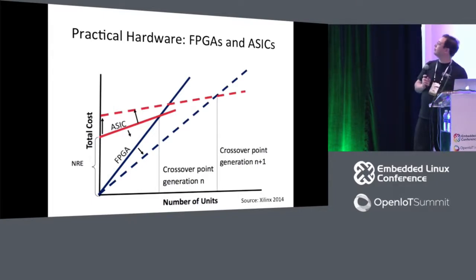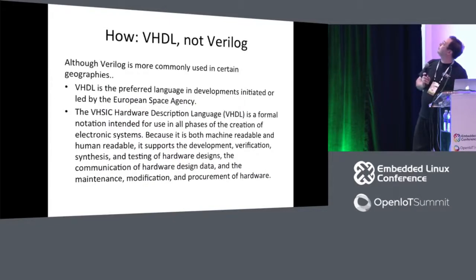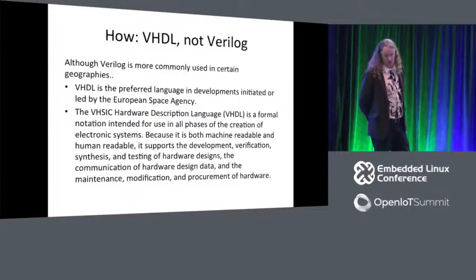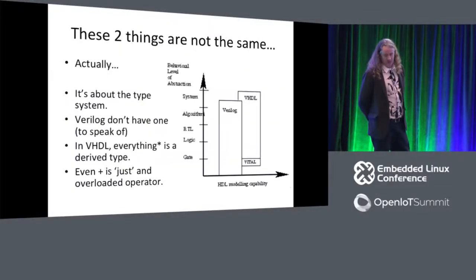Maybe we can blow through some of the remaining slides here. So this is VHDL. There are reasons for that. It's not a question of religion. There are actual real reasons why we chose that language, and we'll talk about those. Next slide. And these two things are not the same. You cannot directly translate Verilog to VHDL and vice versa.